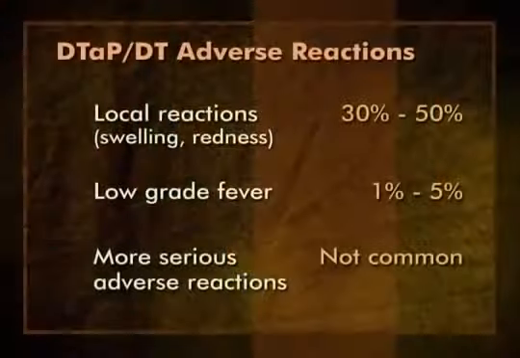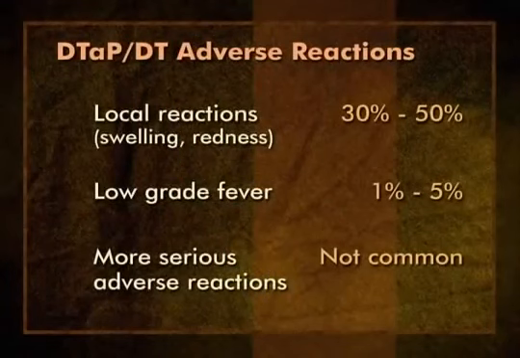The desire to reduce adverse reactions resulting from whole-cell pertussis vaccines was the driving force behind the development of acellular vaccines. As with other inactivated vaccines, the most common adverse reactions following DTaP and DT are local reactions such as swelling or redness.